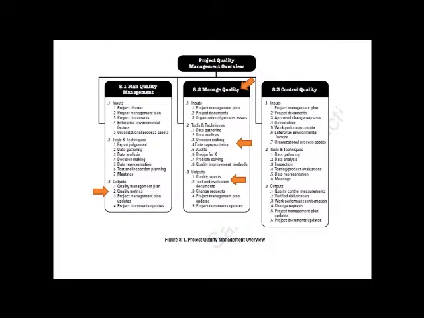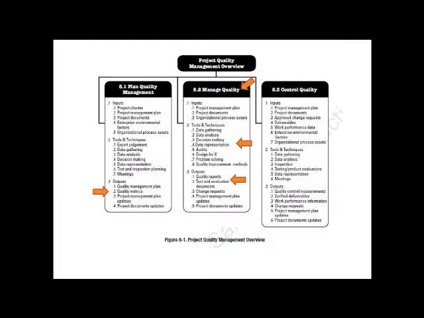So managed quality, much more proactive process, and control quality is reactive process. Now that's a little bit more obvious in the way that they set up these processes and created the language around them. So the tools and techniques are much more proactive, and the tools and techniques of control quality are indeed much more reactive tools and techniques that you do once you've got a product in hand.